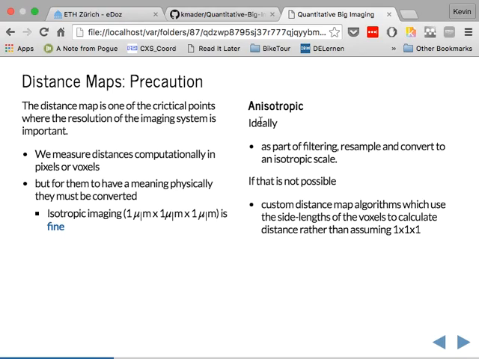If that's not possible, then you really have to spend a fair amount of time thinking about how you want to interpret the distance map. And in the worst case scenario, you'll have to implement this distance map yourself with an algorithm that's able to take into account that the side lengths of the voxels are not the same in every direction.